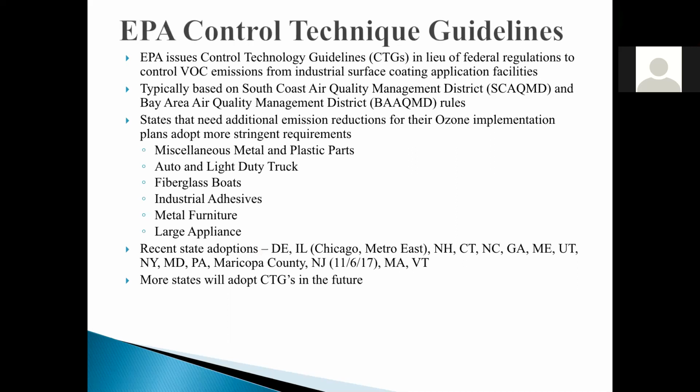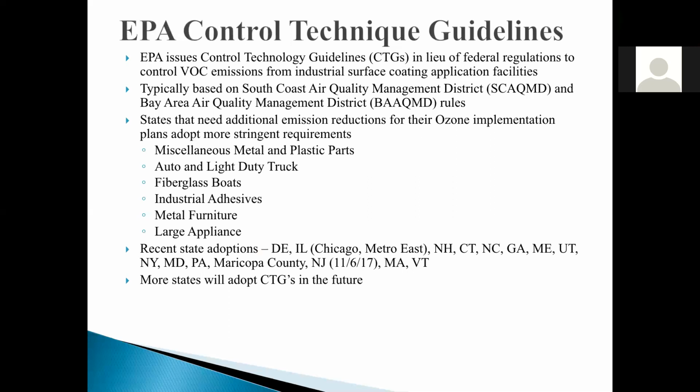These CTGs are typically based on what happens in California, be it the South Coast Air Quality Management District or Bay Area. The CTGs are developed across multiple substrates. For example, there is a miscellaneous metal and plastic parts CTG, auto and light duty truck, all the way to large appliance.